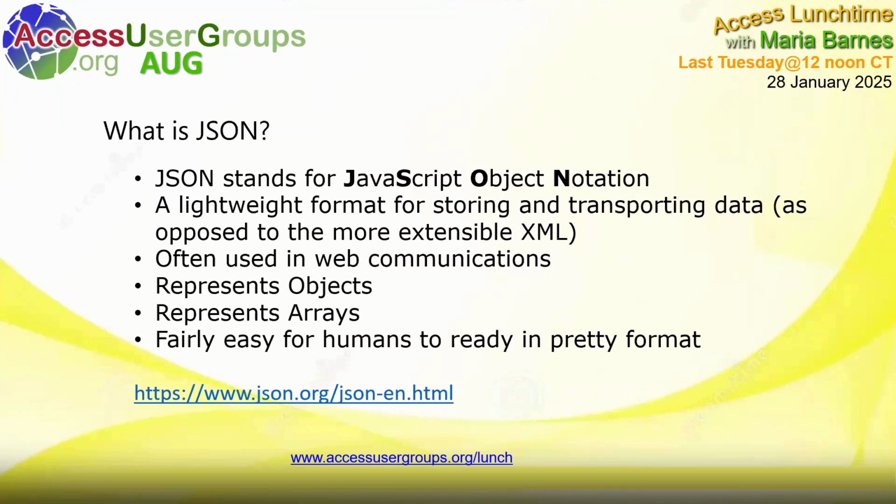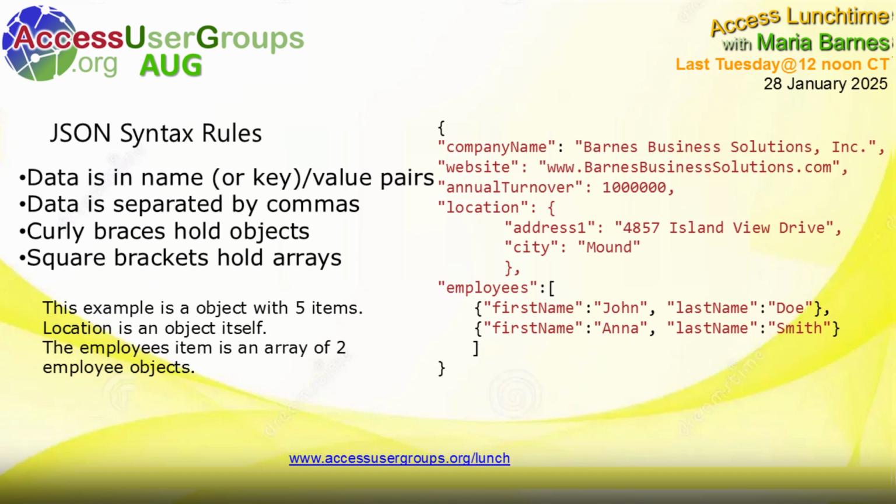And we're going to talk a little bit about the syntax of JSON. JSON syntax has some rules. The data is in name or key value pairs, and the data is separated by commas. So you see that the first item here, this is what JSON would look like in pretty format, which is kind of with indenting and line feeds and stuff like that.